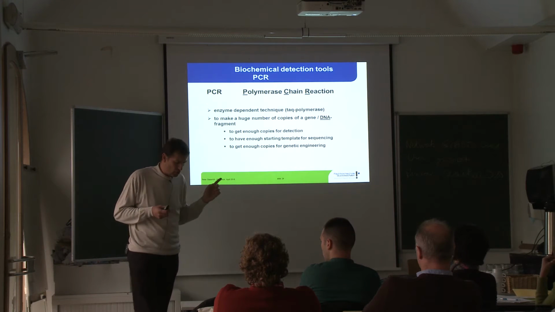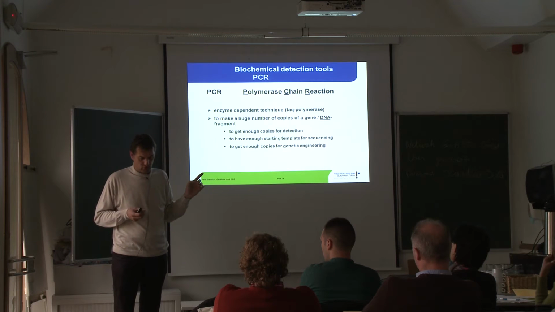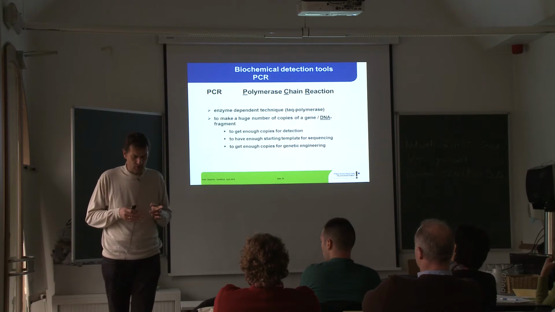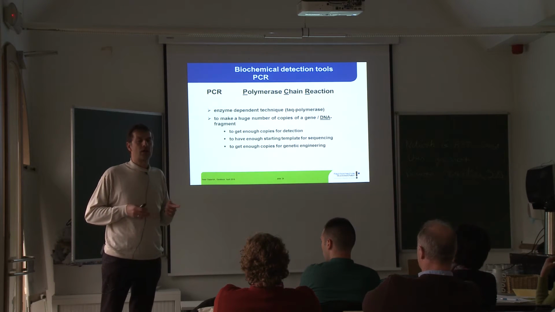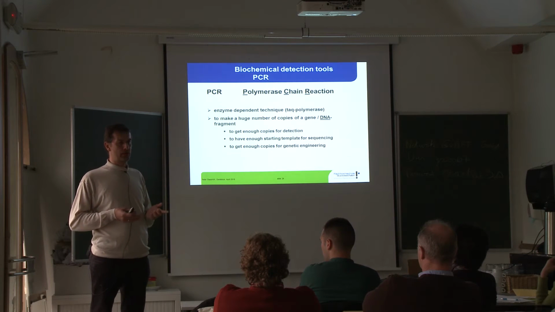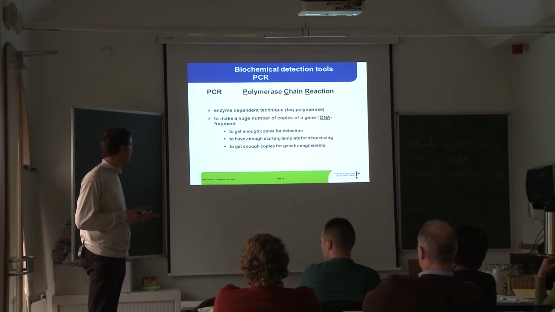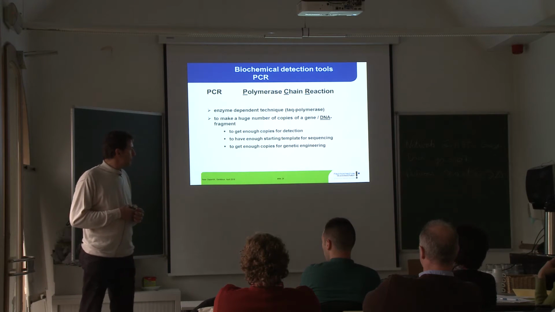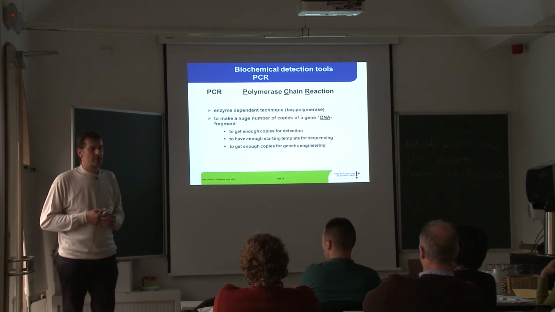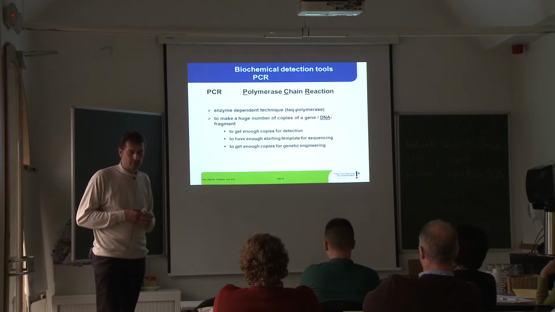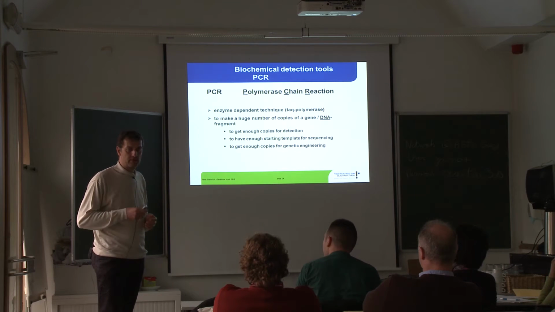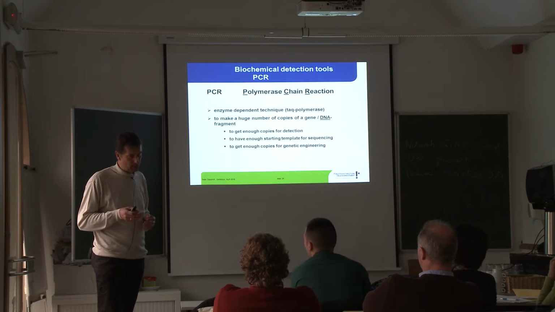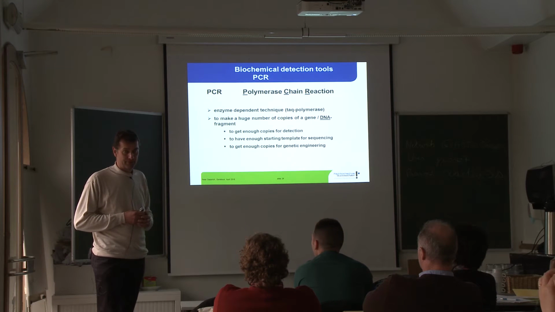Because if you have one copy of a gene, or of a part of a gene, or a part of a DNA, you can't analyze it. You can't do anything with it. You need more. You have to have enough starting templates for the sequencing. If you come with one template, probably you won't get any kind of sequence.